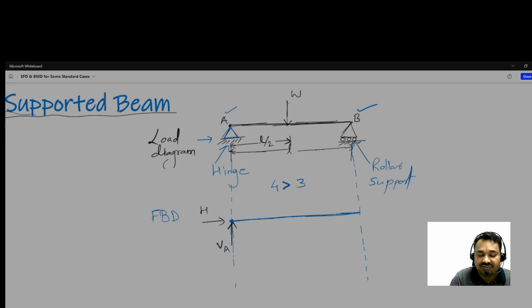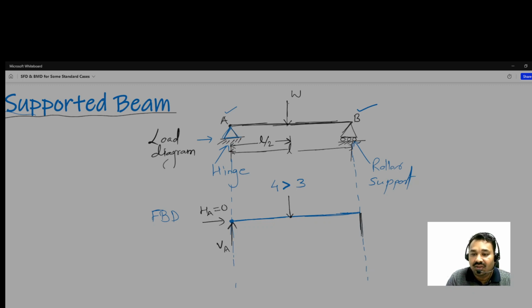हिंज पे कितने सपोर्ट्स रहते हैं? 2 सपोर्ट्स रहते हैं. अगर कोई हॉरिजॉन्टल लोड्स नहीं है बीम पे, so it is equal to 0. If there is no horizontal load on the beam, so HA, the horizontal reaction, will be 0. This we know, it is very obvious. Okay, and many times we have discussed.